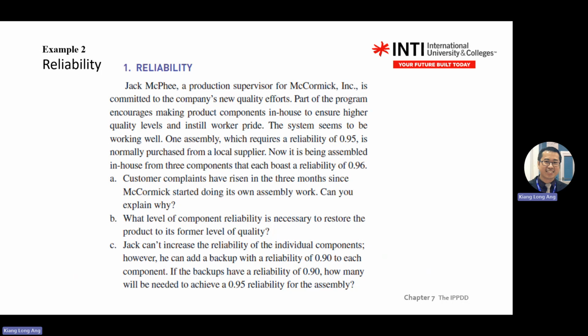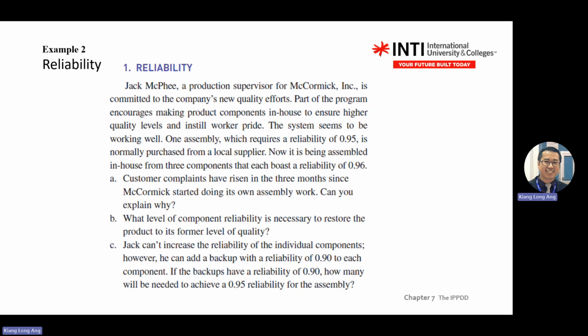And this assembly. So you draw R1, R2, R3. You say one assembly requires reliability of 0.95, meaning your RS is 0.95.